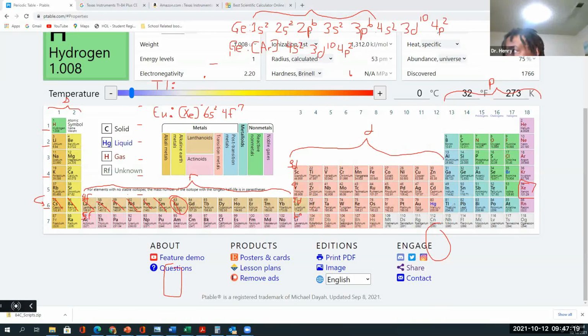So this is our goal. Okay, so there's the noble gas. Say the nearest noble gas before it. Xenon again. Okay.